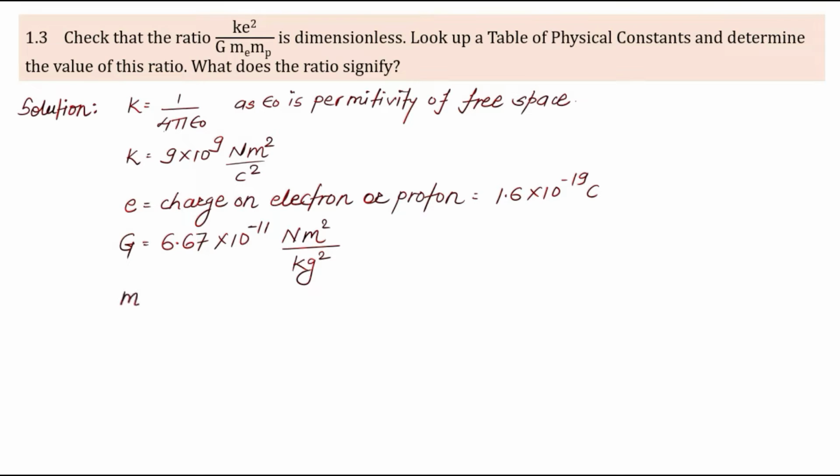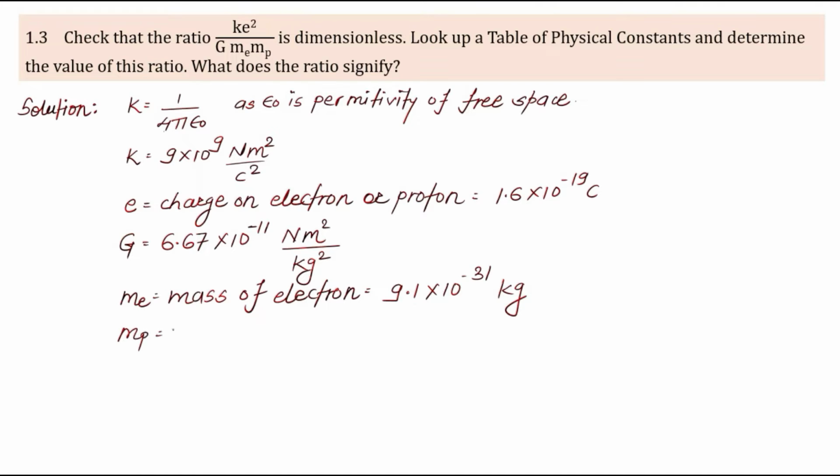Then Me is the mass of electron, which is 9.1 into 10 raised to minus 31 kg.